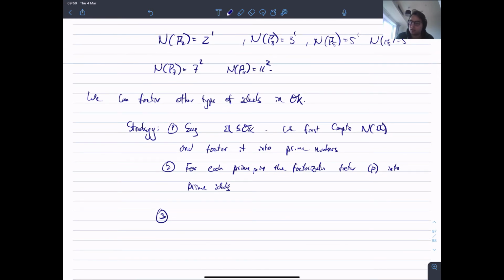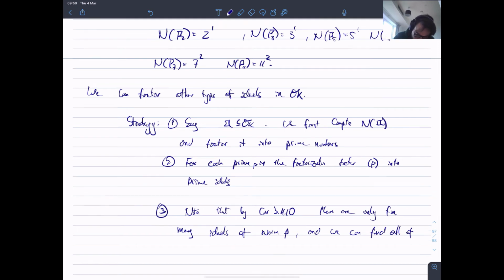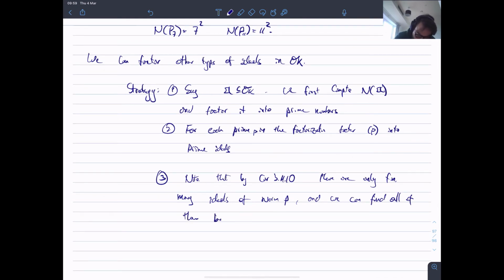Note by corollary 3.4.10, there are only finitely many ideals of norm p, and we can find all of them by factoring the ideal generated by p into prime ideals.